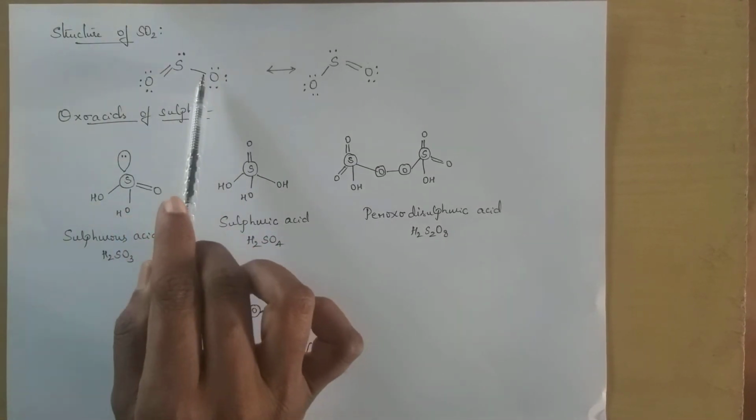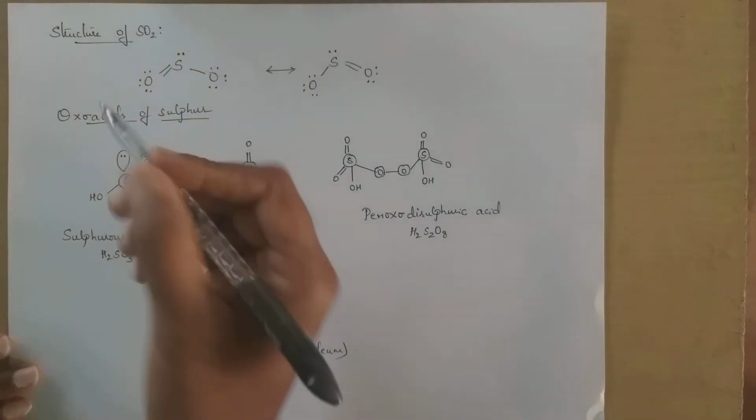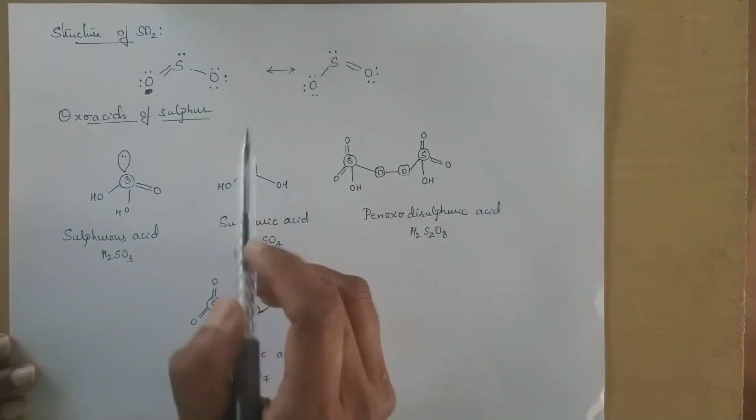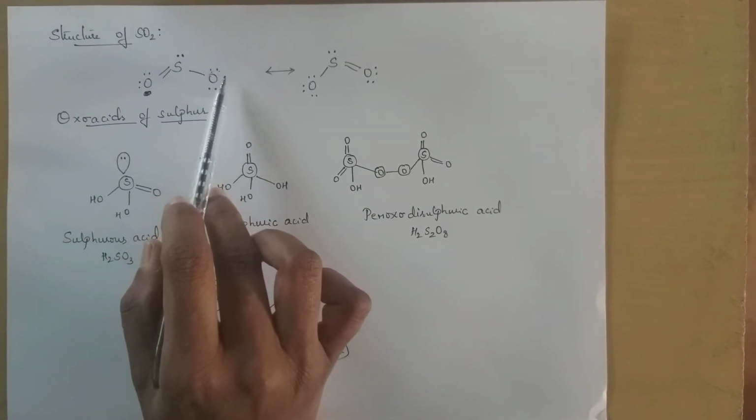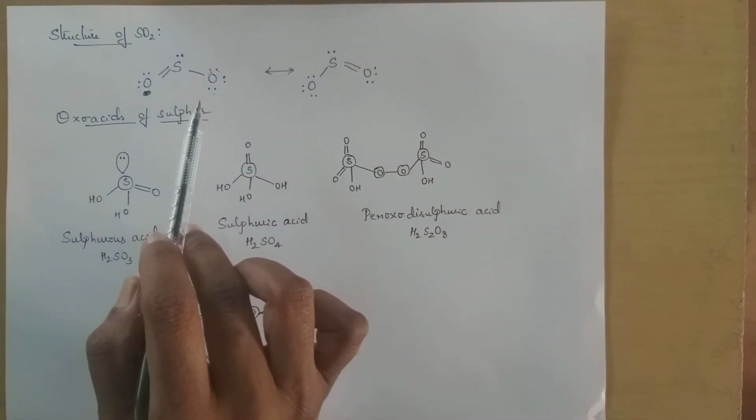Okay? Next here we have oxygen, this oxygen 1 2 3 4 5 6 7 8, hence it is octet.